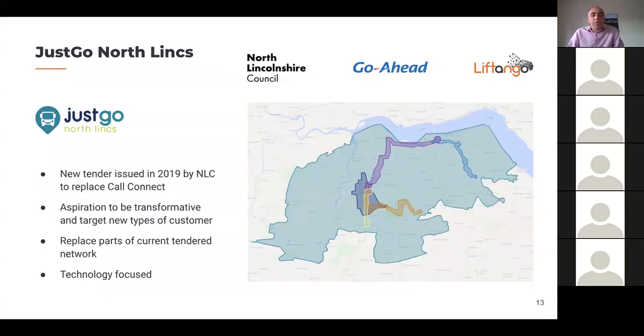That was moving away from the traditional image of DRT, which is around the typical dial-a-ride service, mostly focused on older, retired people, maybe people with limited mobility, and trying to target more commercial types of passengers: commuters, students, people out for leisure visits. The technology was going to be a very key part of that, alongside replacing some of the existing tendered services. So this was issued in 2019, and we decided we were going to start to have a look at it. If we move on to the next slide, please.